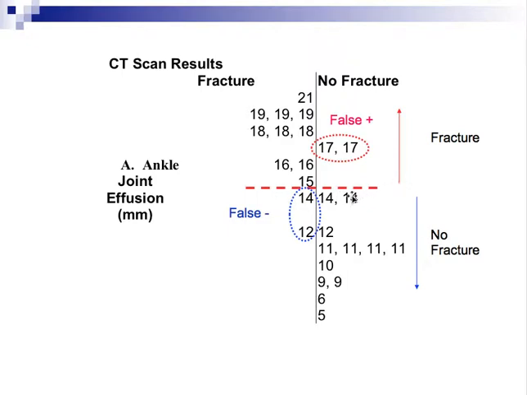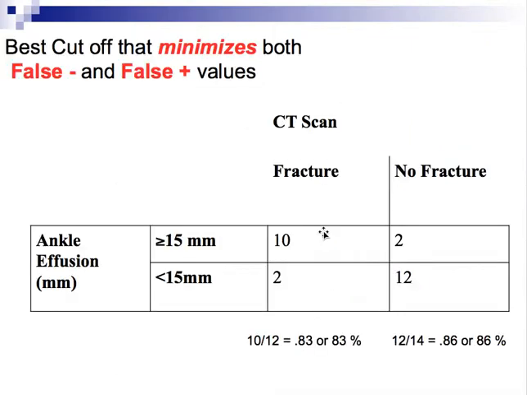Now, if we were to do that, that would mean we had 2 false negatives here, and then 2 false positives here. So that seems pretty good. Out of the people, we only have 2 in each. Okay, and so this would be our contingency table for that situation. So we basically chose the best cutoff that minimizes both the false negatives and false positives.